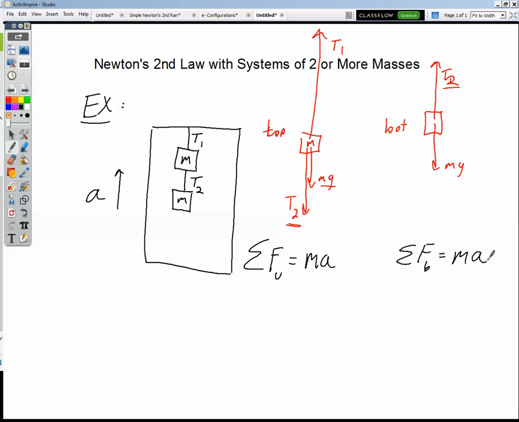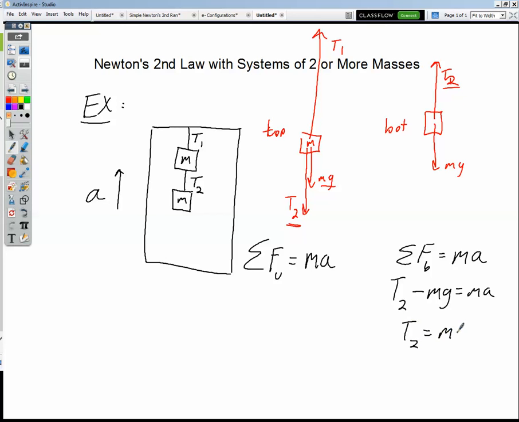If their masses are equal and their accelerations are equal, then the sum of the forces on the upper block should equal the sum of the forces on the lower block. So we fill in the forces acting on, let's start with the lower block because it's a little bit easier. We've got T2 going up, so I'm going to keep that positive, plus the opposite of the weight, so minus mg going down. That's equal to ma.